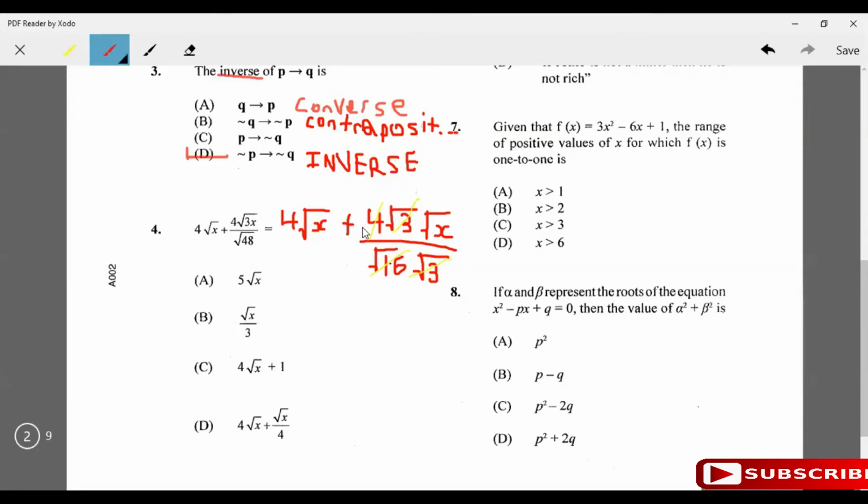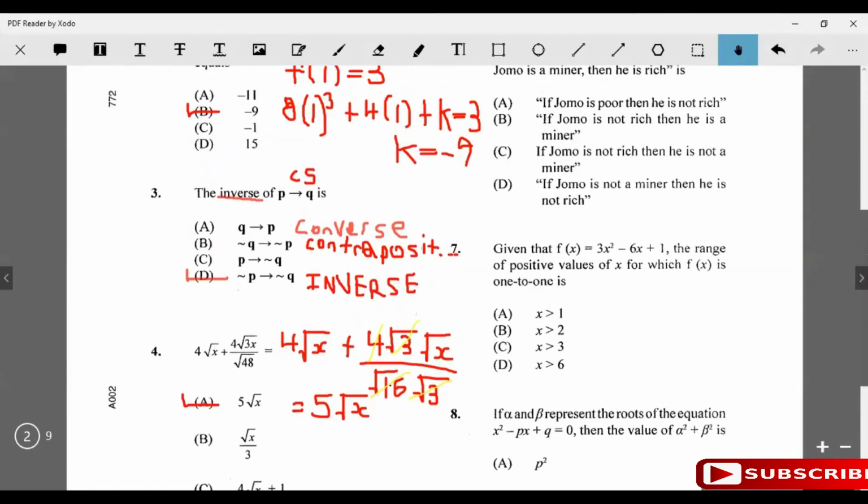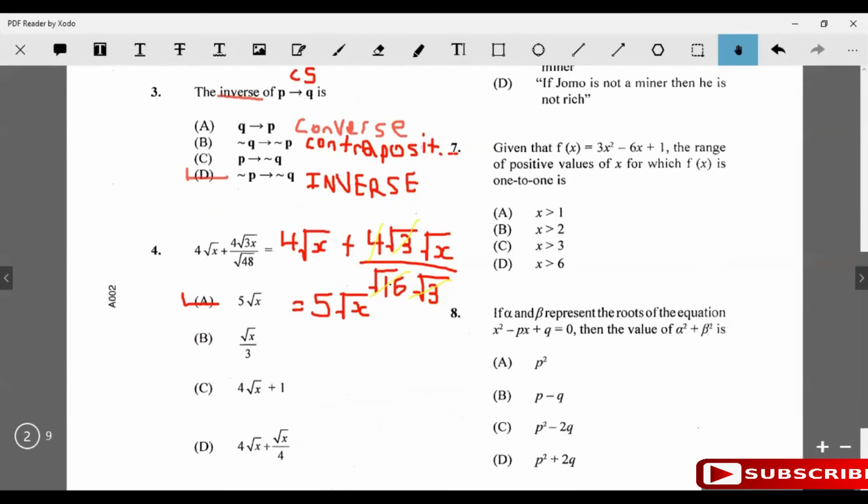So what we're left with is 4 root x plus root x, and that is just 5 root x. And that is option A, 5 root x. That's option A. Easy.